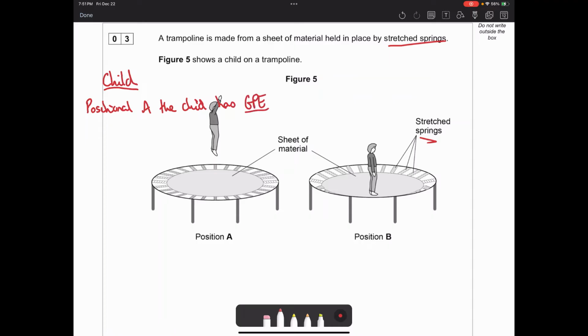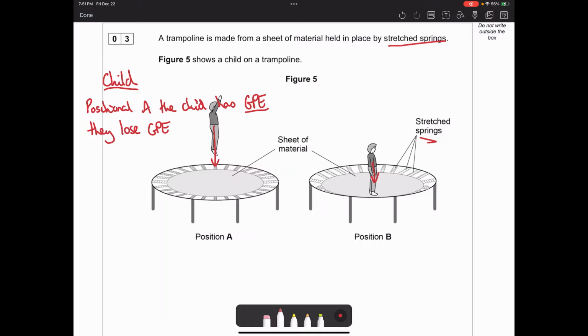Obviously make sure you write it out fully. And what is going to happen to it? Well, the child's going to be moving down, so therefore they are decreasing their GPE. They lose GPE, or it's transferred to a different store.